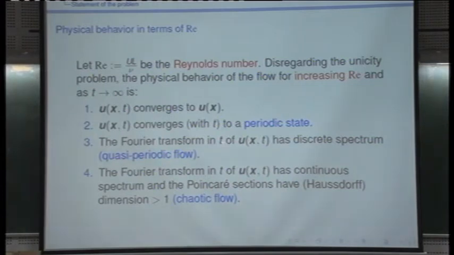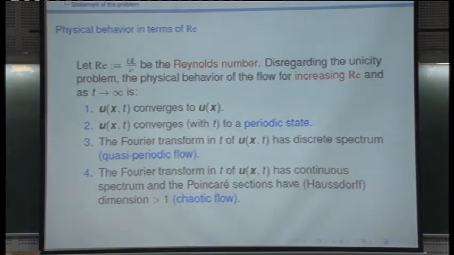It's a flow in which the solution has several frequencies alive, maybe 2 or 3 or 4 or whatever. And finally, it may happen that the solution converges in time to a solution which has a continuous spectrum. So all frequencies are alive. I will show what it means in a minute.